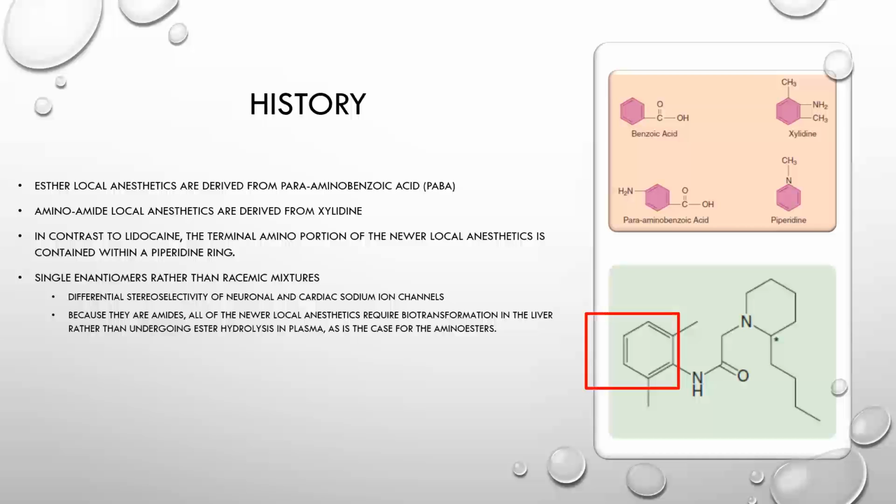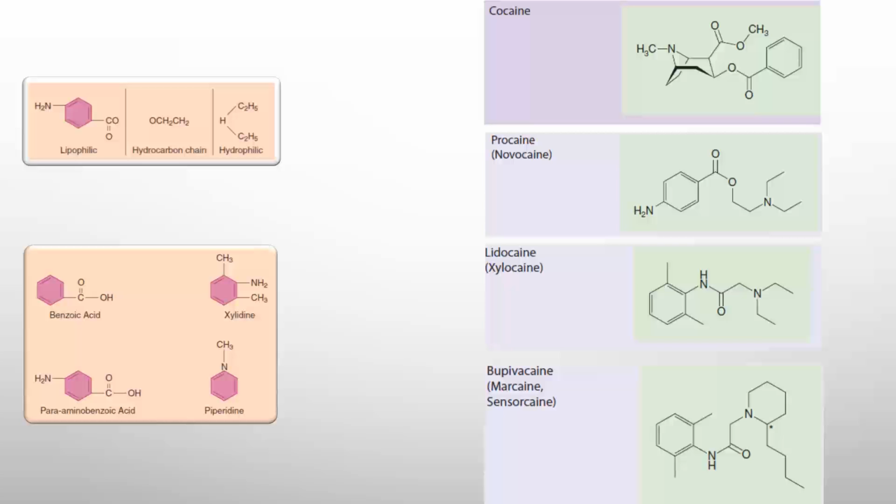Here you can see the piperidine-derived lipophilic portion of bupivacaine, and it's connected through an amide linkage to the hydrophilic side chain. And here's the diagram of the two historical esters on top, cocaine and procaine, and the two commonly used amide local anesthetics, lidocaine and bupivacaine, for your review.